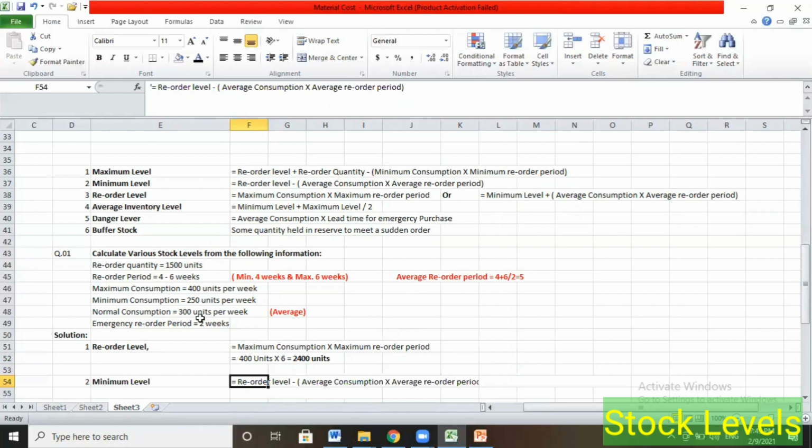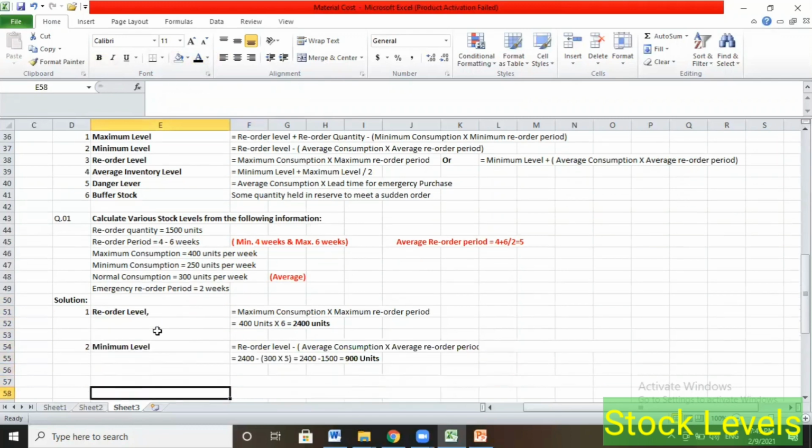So this will be your calculation: 2400 minus (300 into 5), 1500. So 2400 minus 1500 will be 900 units.